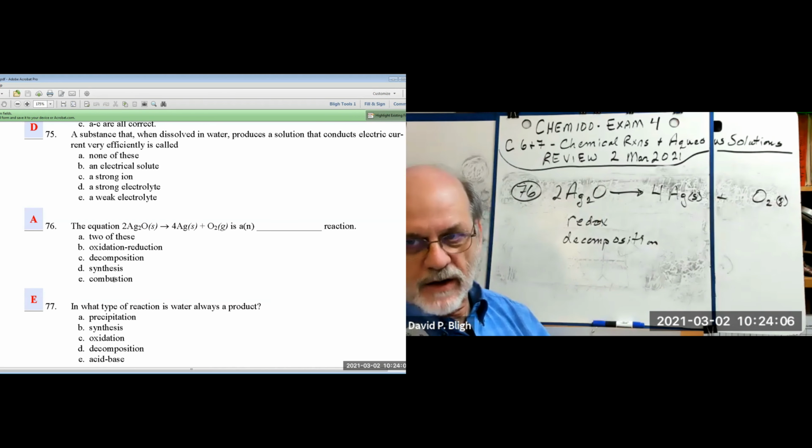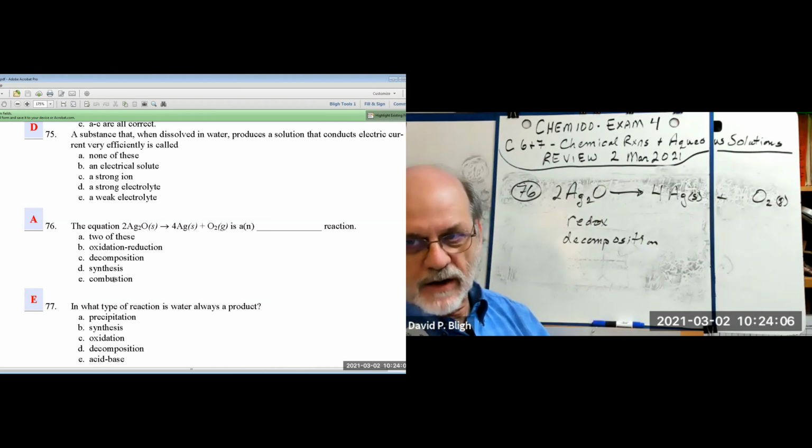Reduction is gain. So if we gain electrons from here to here, oxygen is reduced. Now, which one of these claims that oxygen is reduced? Oxygen's oxidized? No. Carbon, hydrogen. Okay, oxygen is reduced. That's the only one that has oxygen reduced.